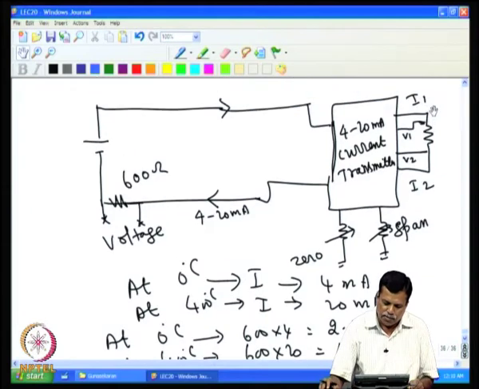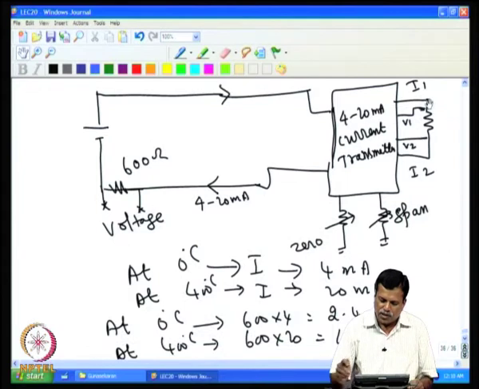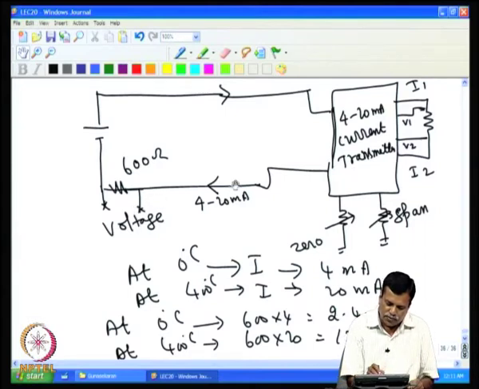So, this is actually a popular 4 to 20 milliampere system, and the zero and span are used to adjust such that at 0 degree temperature you get 2.4 volt here, that is the current will be 4 milliampere, that is adjusted using this. Then keep this at 400 degree C and adjust the span to get exactly 20 milliampere through this.